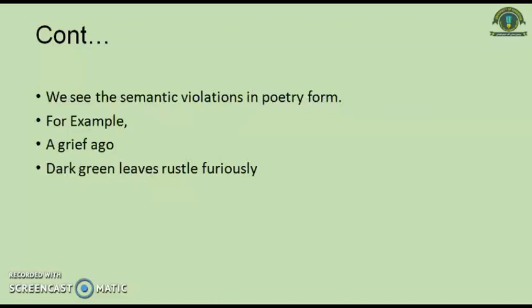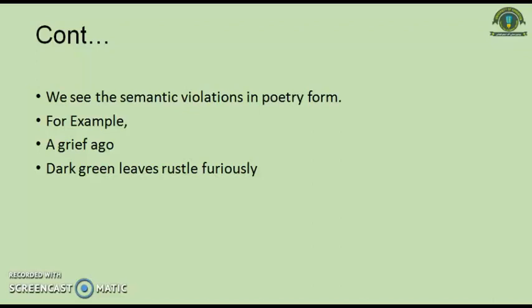In many poetic forms, we have seen that the poet uses anomalous words, or the meaning he gives is actually meaningless, irregular, contradictory or inconsistent. So we have seen that poets violate the semantic rules, just as in one poem the poet used "a grief ago."